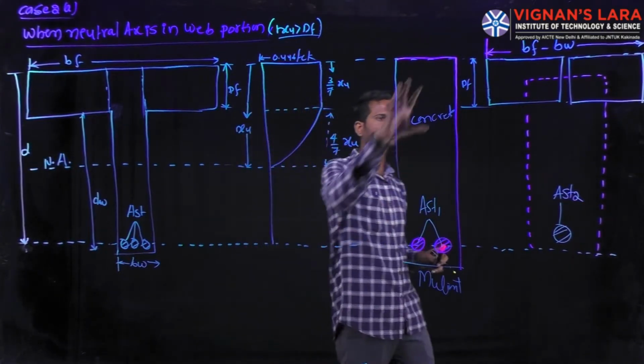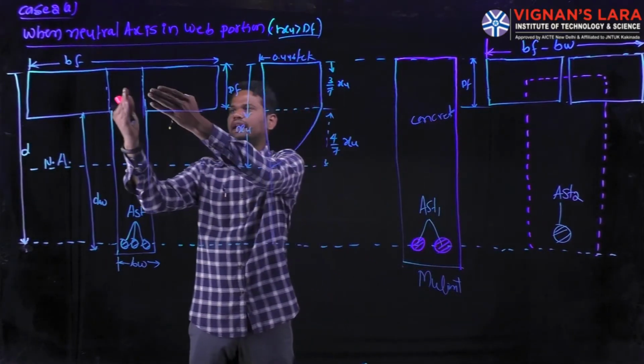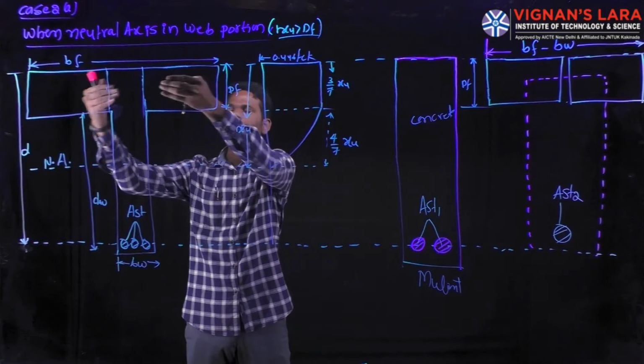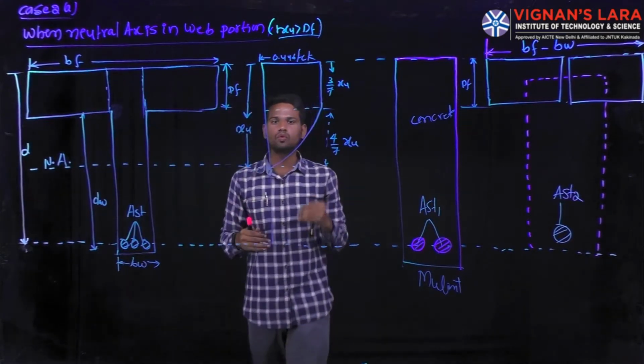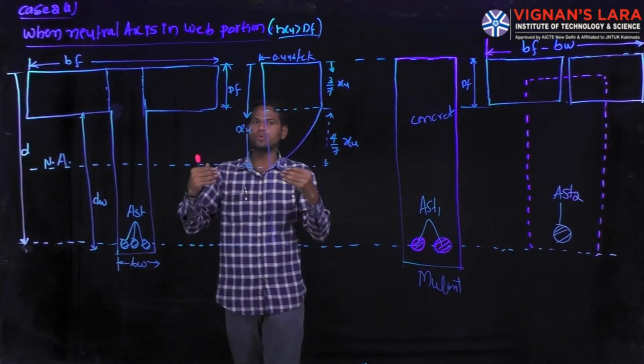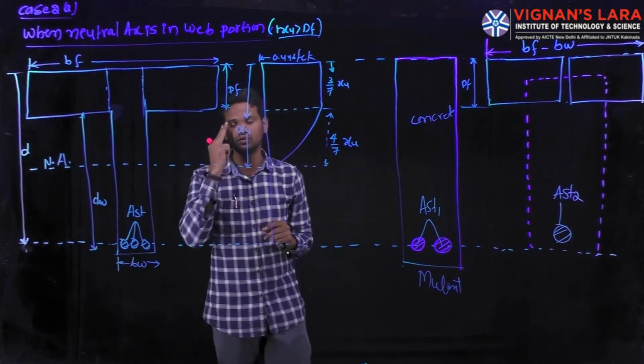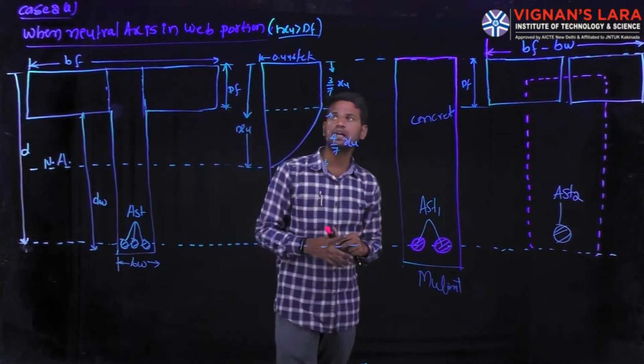Next, if you come to the second condition, in the second condition, neglect this web portion; for the remaining portion, how much load is acting on the beam and how the flange portion will resist the load, that we have to calculate for this present condition.